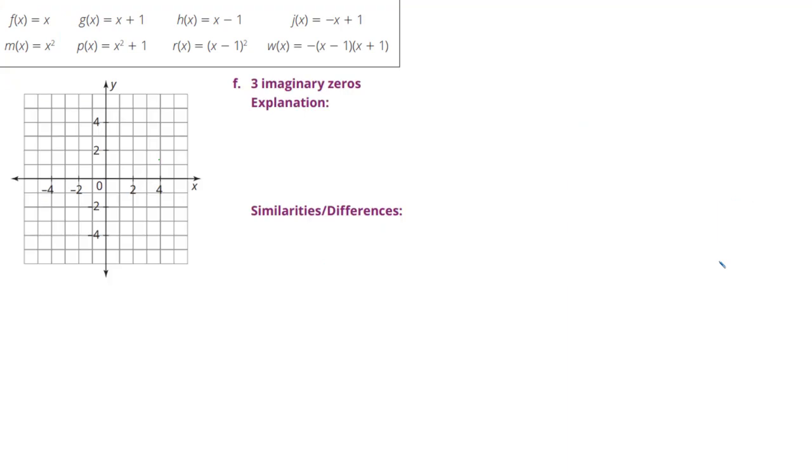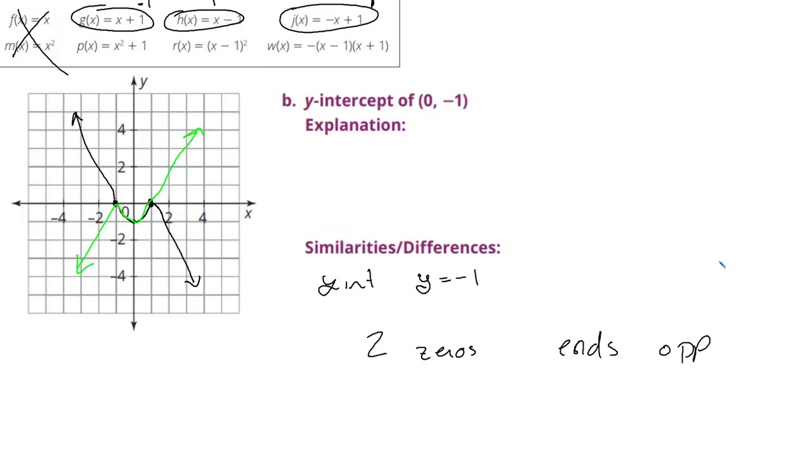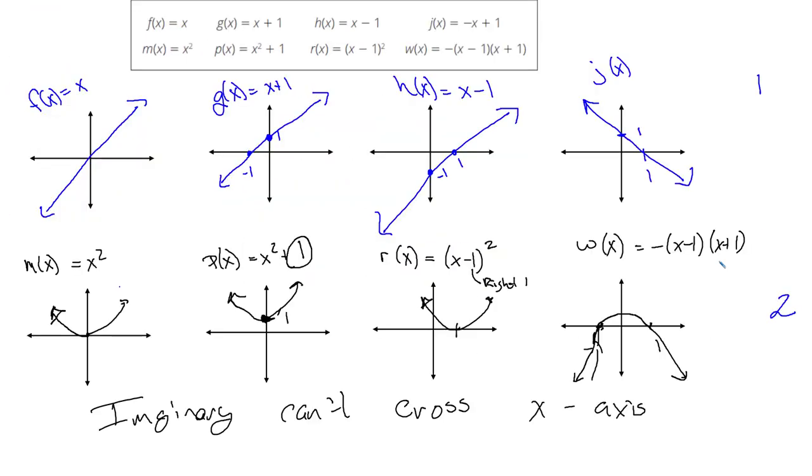So we want to have 3 imaginary zeros. Imaginary means it doesn't cross the x-axis. So here are 2 imaginary zeros, and I need to add 1 more. Which of these 3 graphs does not cross the x-axis?